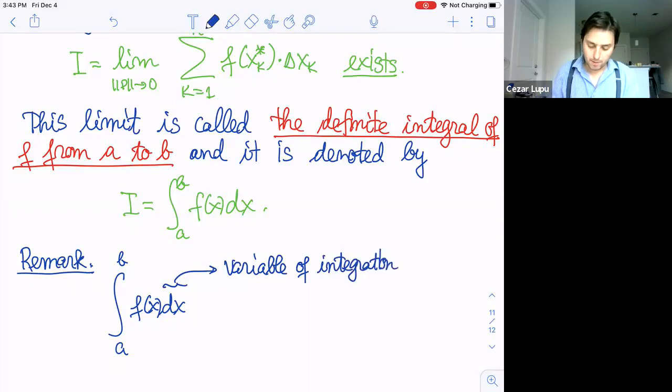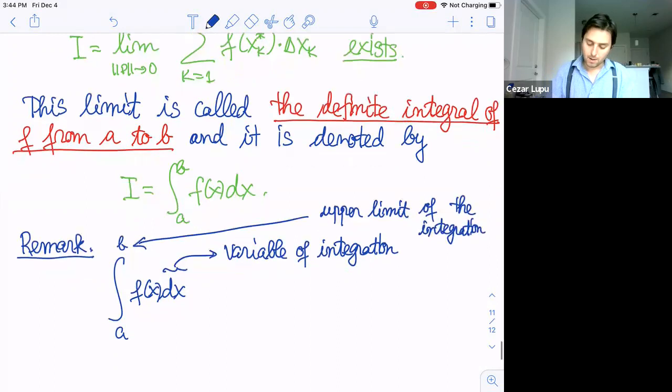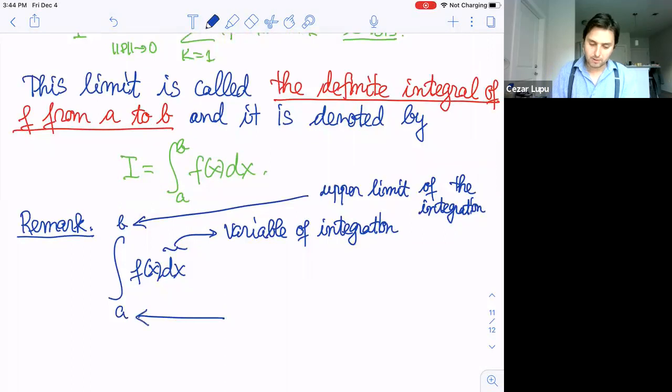This b here is nothing else than the upper limit of the integration, and this a is the lower limit of the integration.